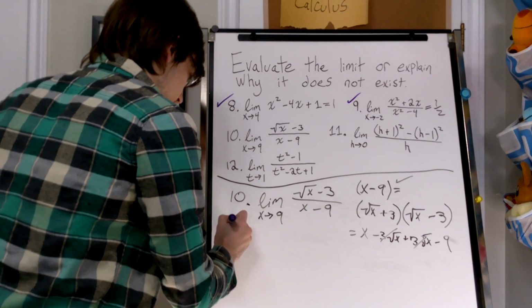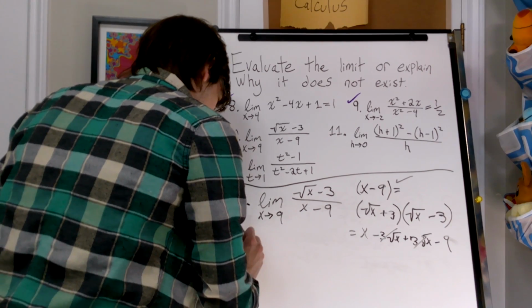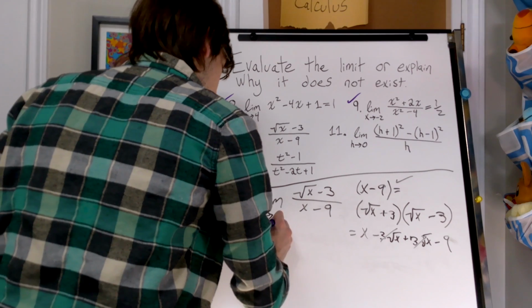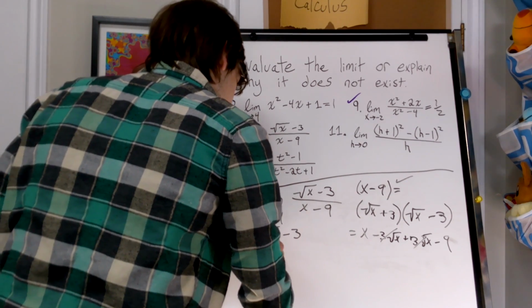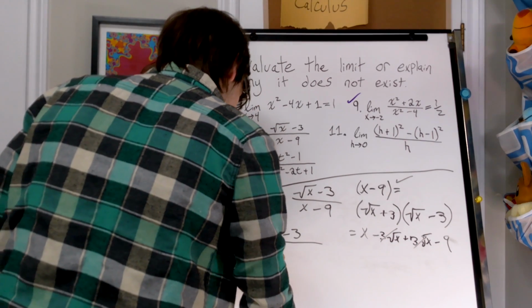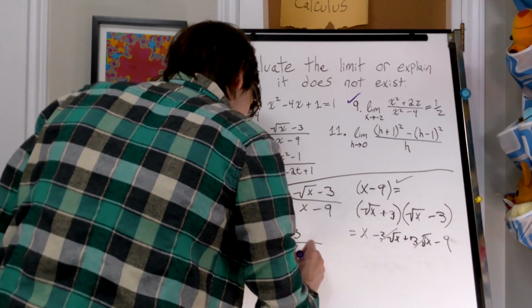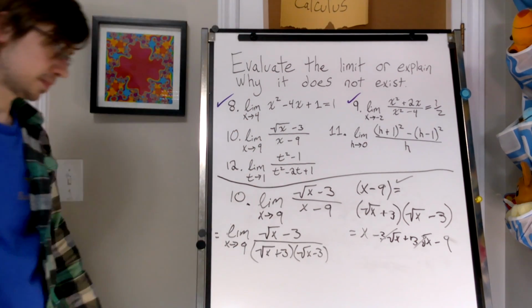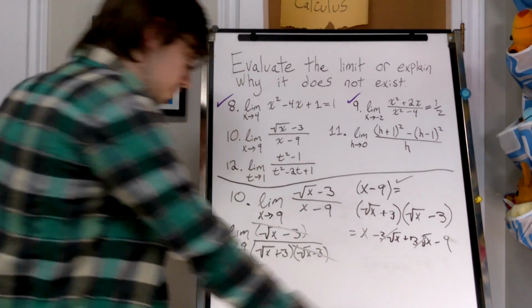So we can say that the limit as x approaches 9 of the function, the square root of x minus 3 over square root of x plus 3 times the square root of x minus 3. These terms cancel.